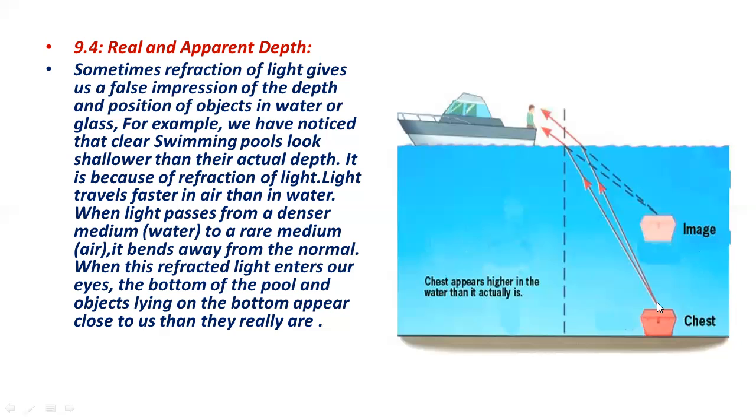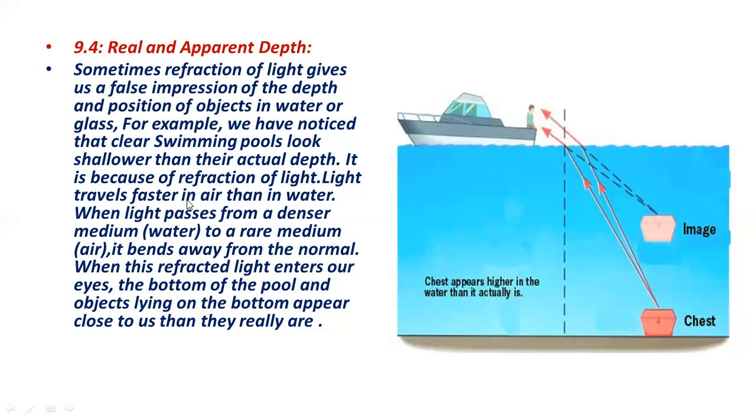Due to refraction, the objects appear closer to the surface of the water, but actually they are in the depth of the sea. For example, a clear swimming pool looks shallower than its actual depth. It is because of refraction of light.